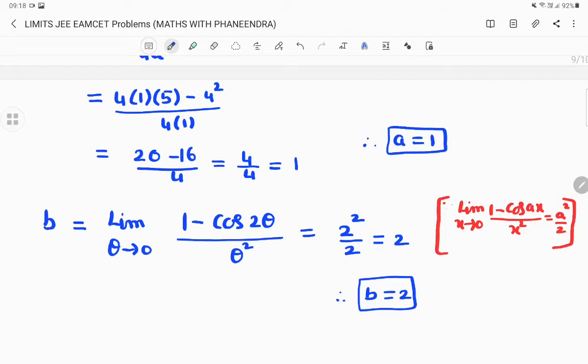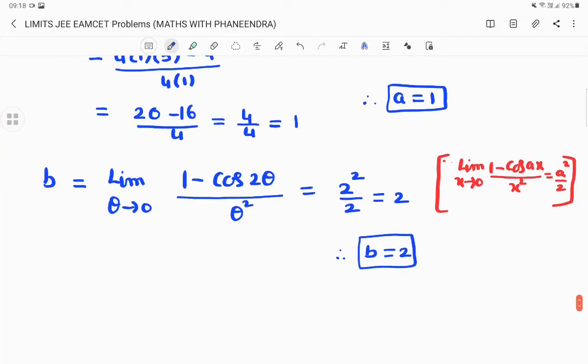After getting the value of a and b, a value 1, b value 2, they are asking to calculate. Now consider summation r is equal to 0 to n a power r into b power n minus r.